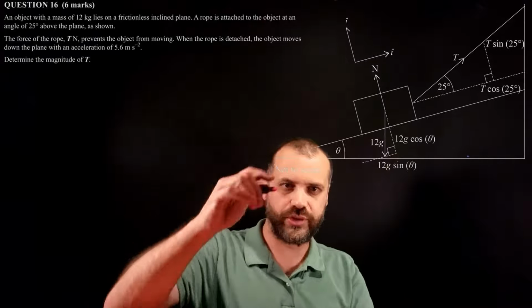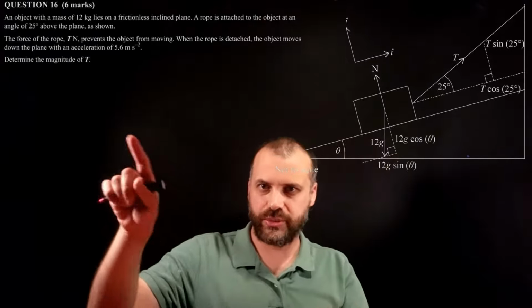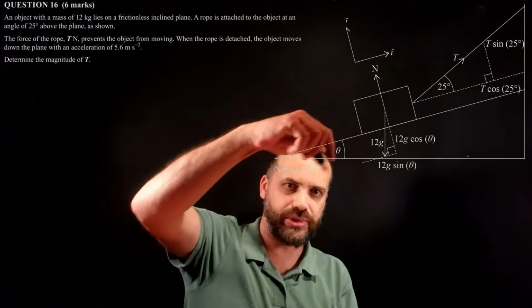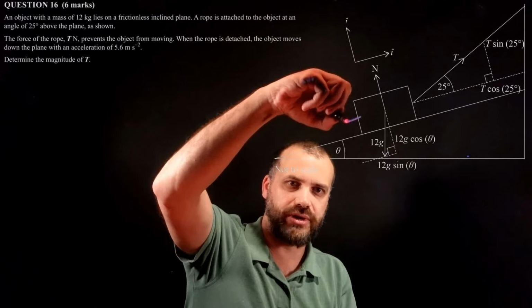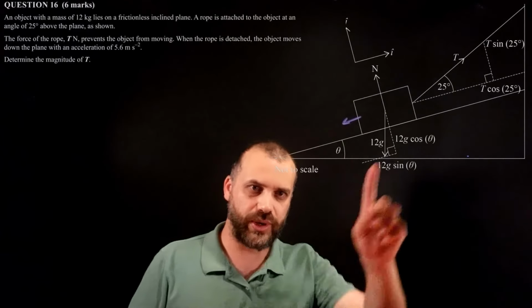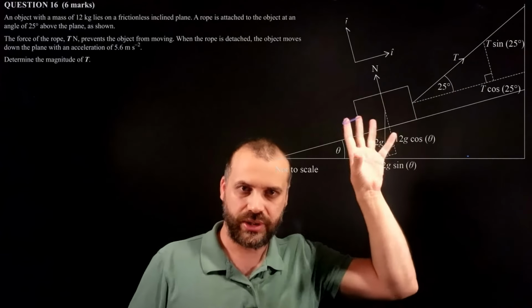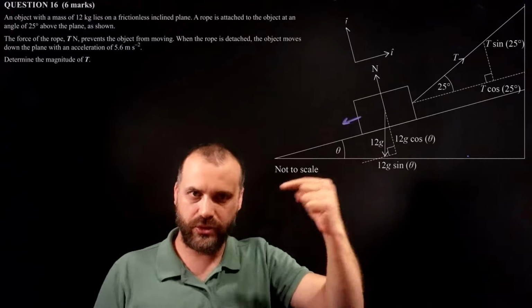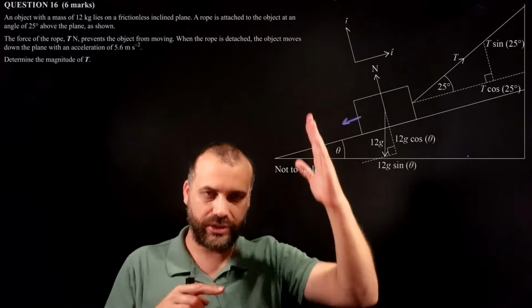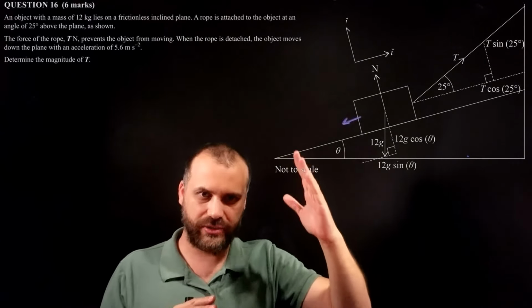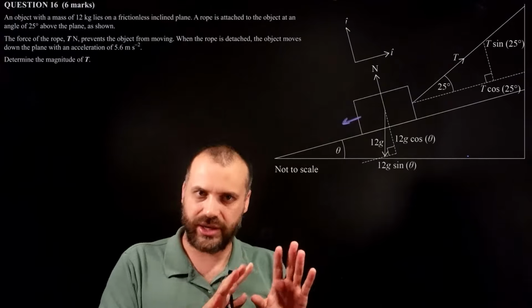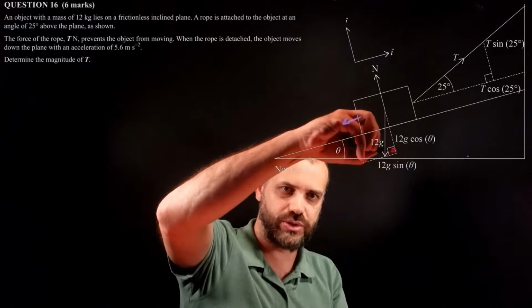Let's keep moving forward. Now, important to note that we're interested in acceleration down the plane. So our object is going to be accelerating this way, right? When we detach the rope. Bonk. Now, because we're only interested in movement in the i direction, not in the j direction, we only really need to consider our i components here. And there's only two of those.